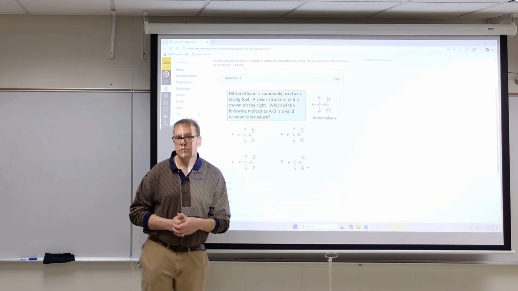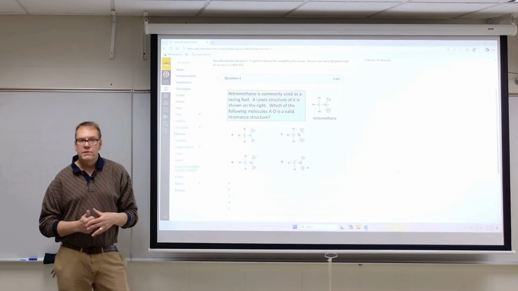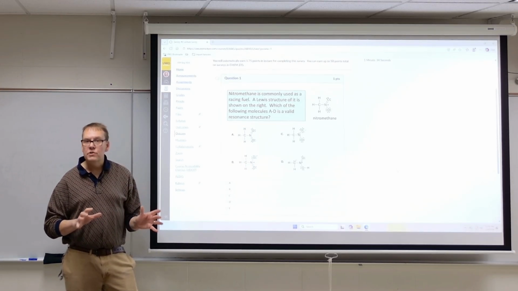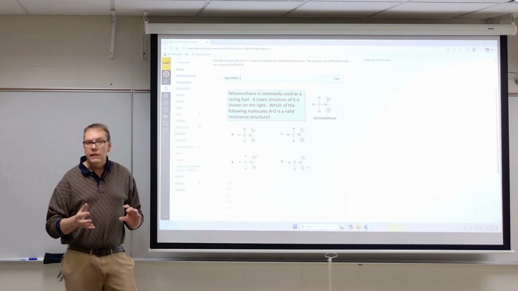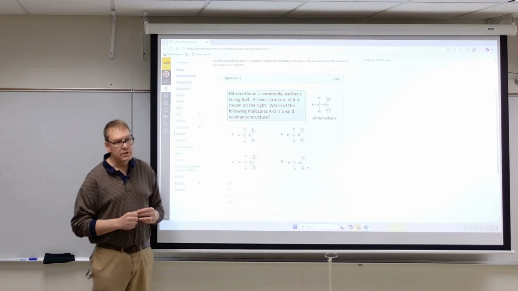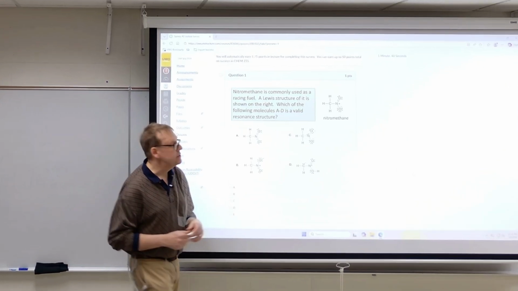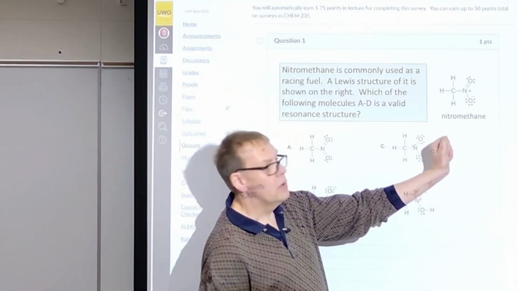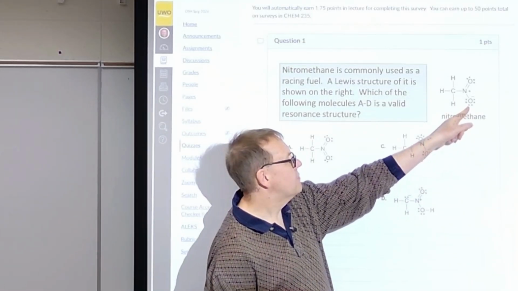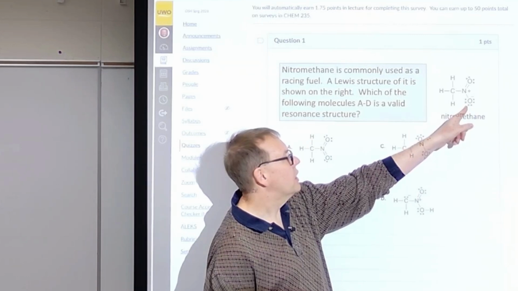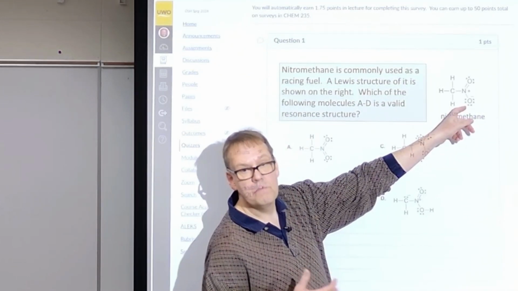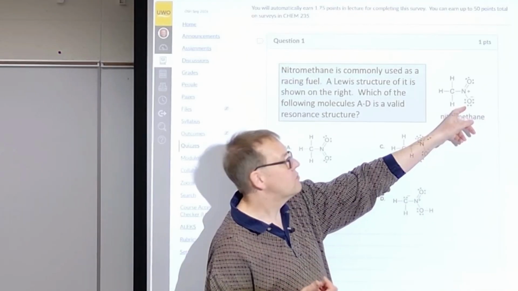Resonance structures are just different arrangements of electrons, with no changes in the atom positions, and you also can't add or delete any electrons, so you really can just move them around. The way to think about this is to start an arrow where the electron density is most rich, on this negatively charged oxygen, and push it such that you share the electrons differently with another atom that would like extra electron density.